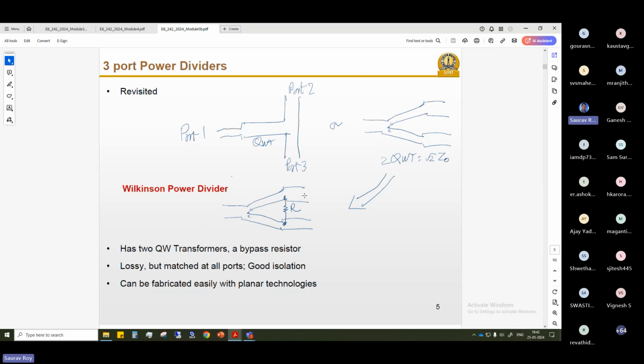This is called the Wilkinson power divider. Power divider, because if you give power at port 1, it will be divided equally between port 2 and port 3. And you add a resistance between port 2 and 3 as per the design.